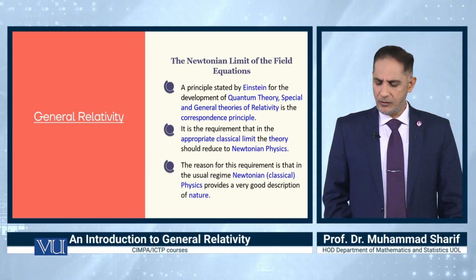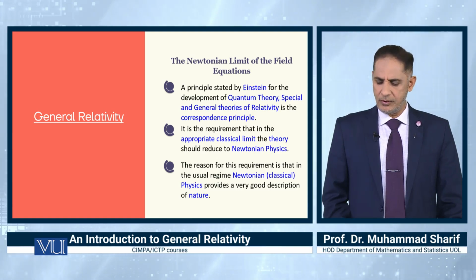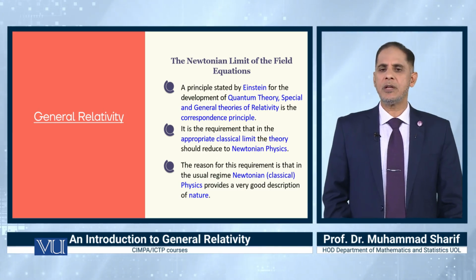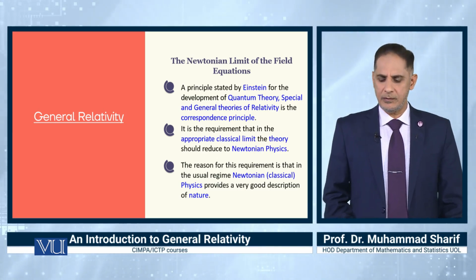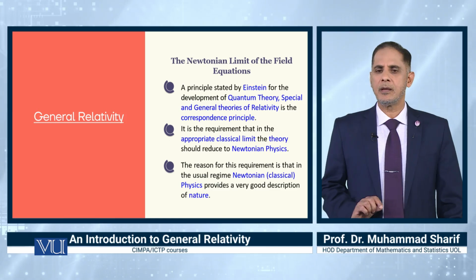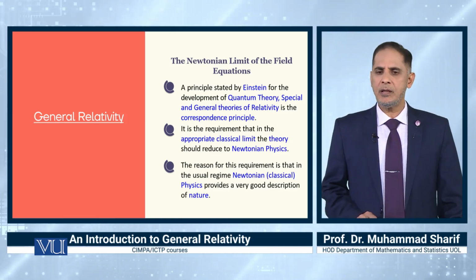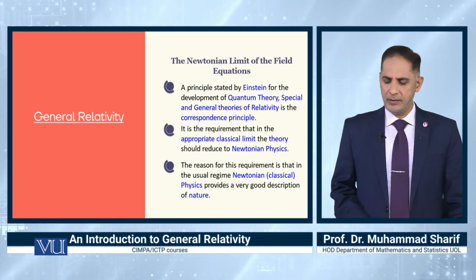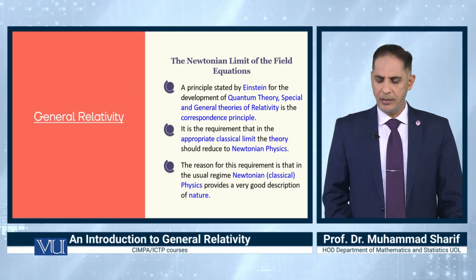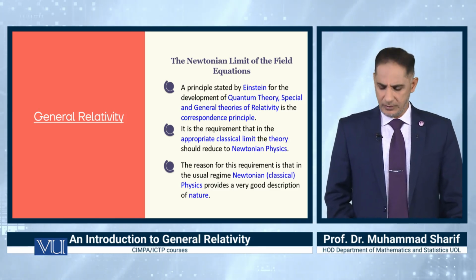The reason for this requirement is that in the usual region, Newtonian physics provides a very good description of nature. So, we say that Newtonian physics is not a wrong theory, but we generalize it to other theories, and those must reduce to this theory in some particular limits.